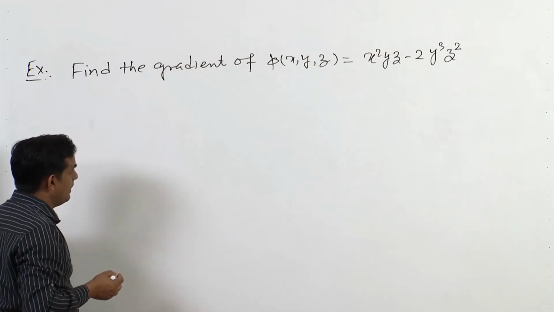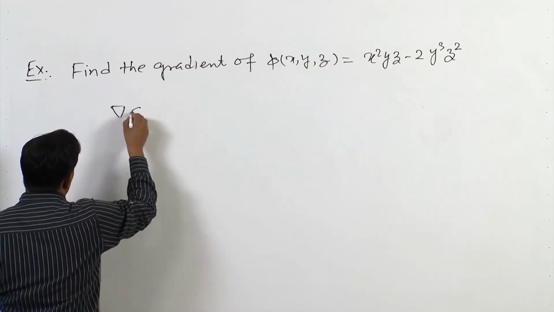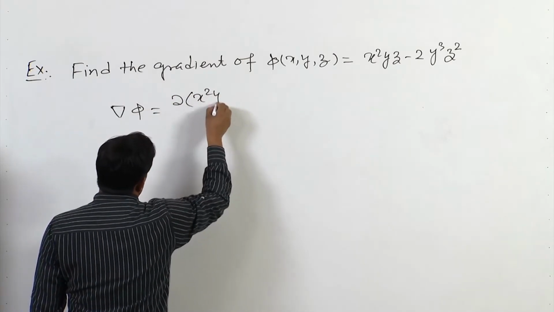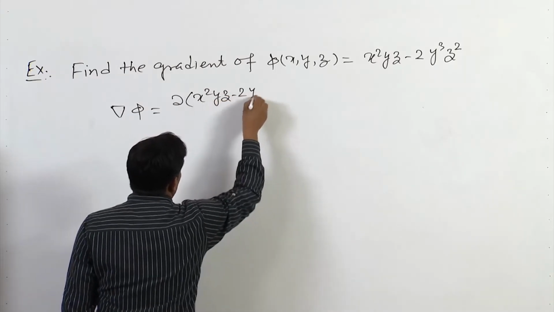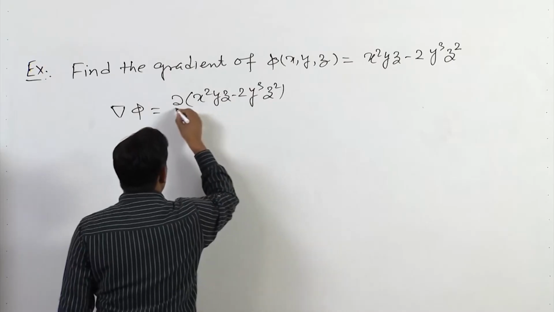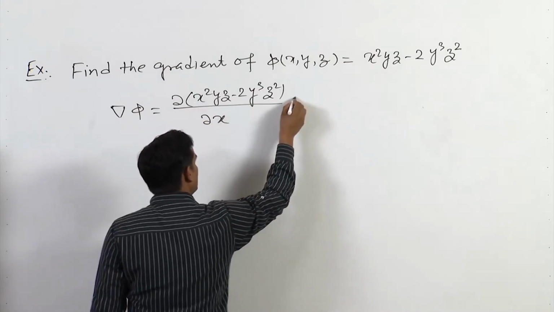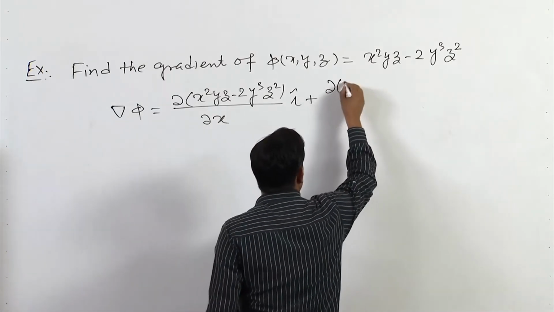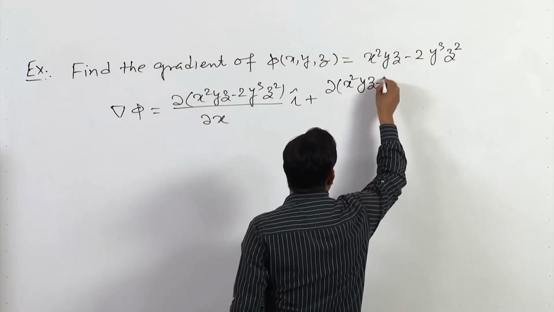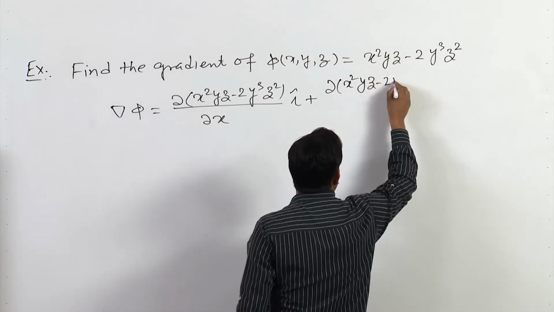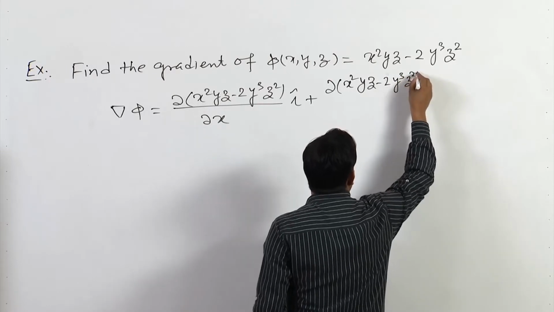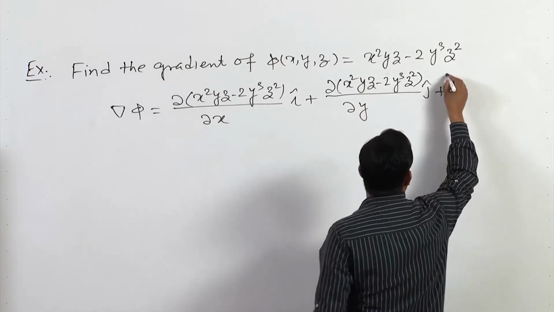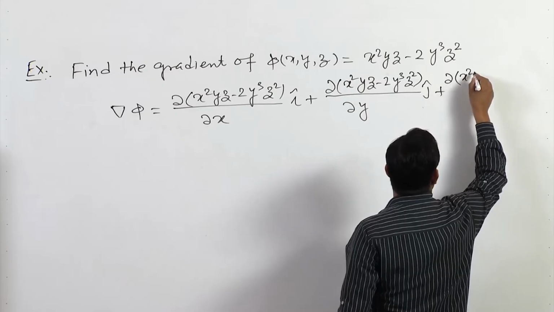Now we will find its gradient. The gradient of phi is given by del of (x square y z minus 2 y cube z square) upon del x in the direction of i, plus del of the same function phi upon del y in the direction of j, plus the same in the direction of k.